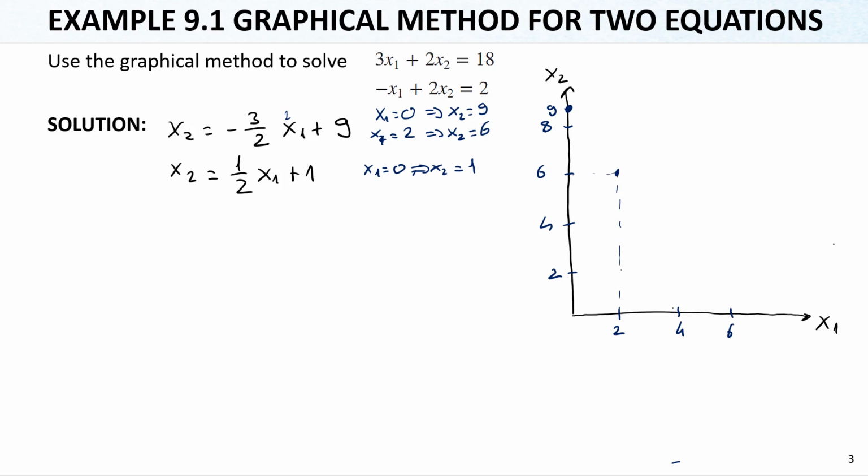If we continue, if x1 is 4, x2 is 3, like here, maybe. So we will just draw a line passing through these values.